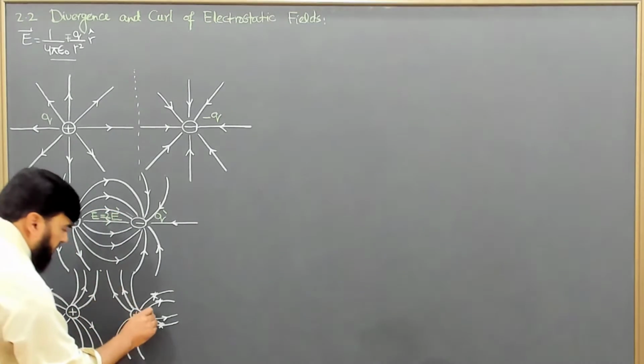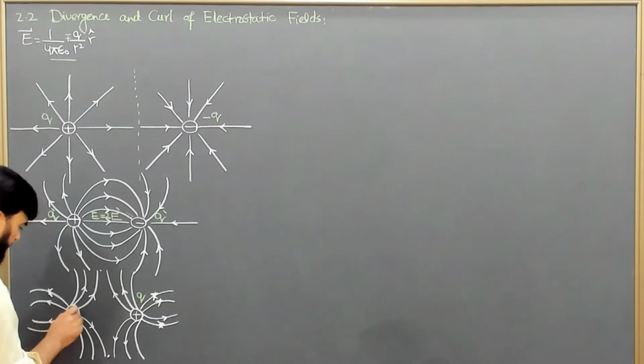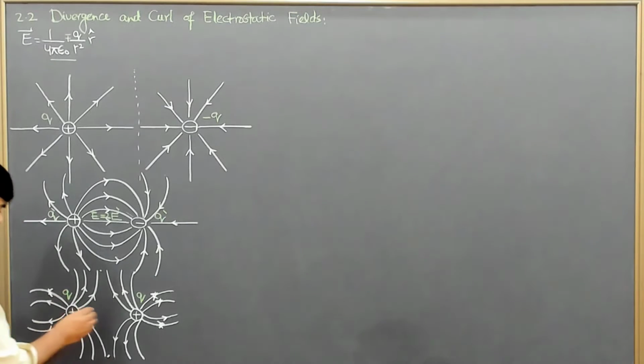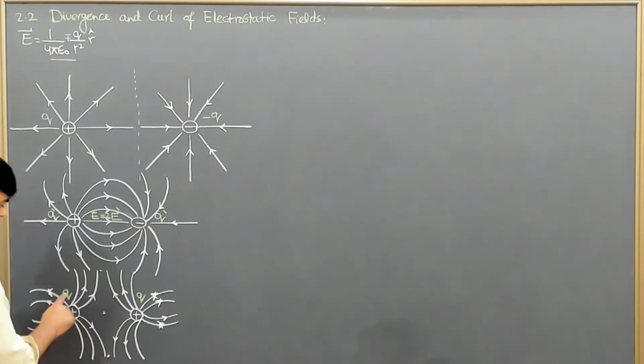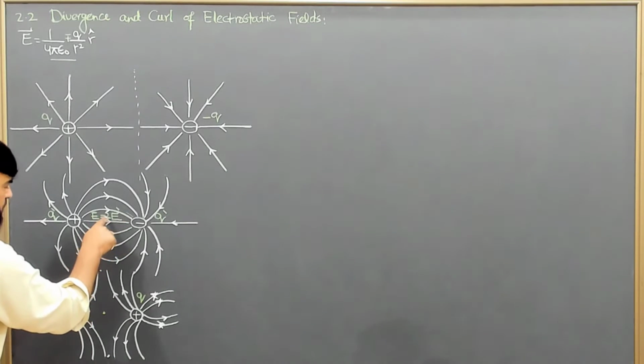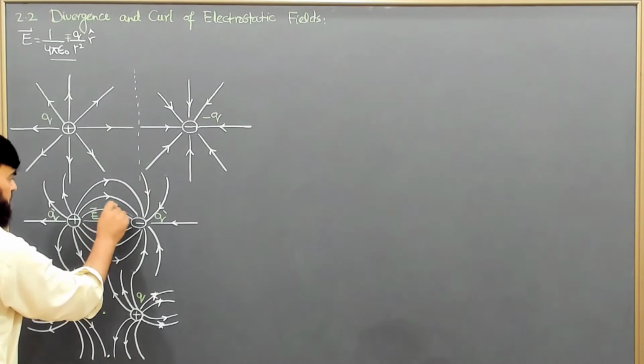And the same, this is plus Q, so we have plus Q here, and this is plus Q. So for the electric field at the center we have Q minus Q, this is E prime minus E prime, and this is 2E prime.